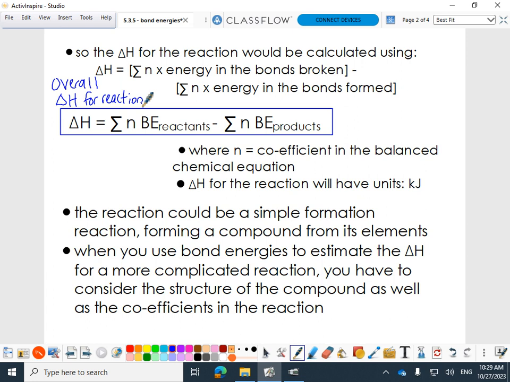Whenever we use a reference value, like a chart from the textbook, the units are going to be kilojoules per mole. When the mole isn't 1, you have to take into account the coefficient. I'm going to show all of my units because eventually we're going to cancel out the moles. So just like other cases where you have the enthalpy change for the reaction, the units will just be kilojoules.